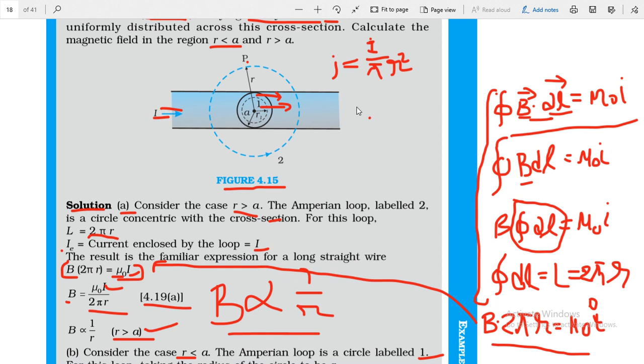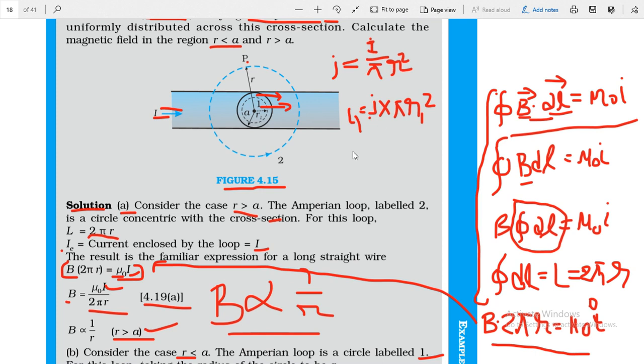So that will be I1 is equal to J, that is current per unit area, into the area of the circle represented by the dotted line, that can be written as pi r1 square. Now you can replace the value of J by I upon pi r square.